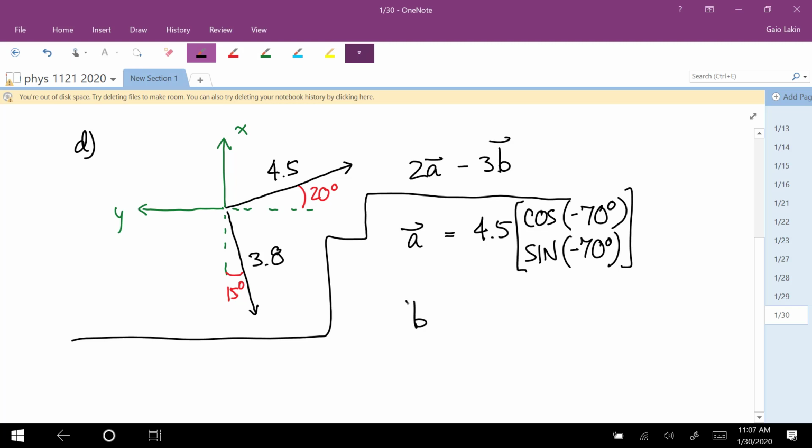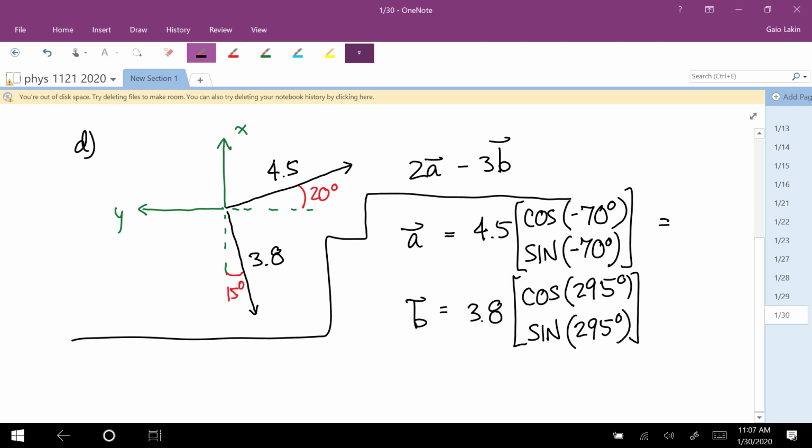And then B is 3.8 times, so that angle, you'd go 180 and then another 15, so 3.8 times cosine and sine of 195, sorry.